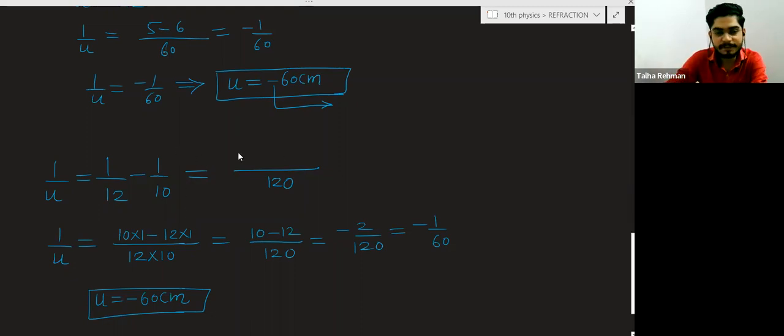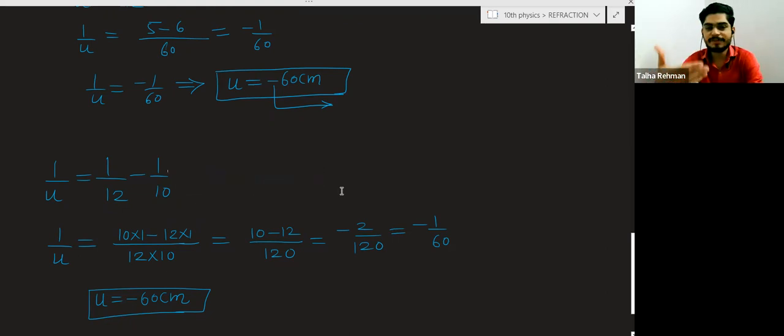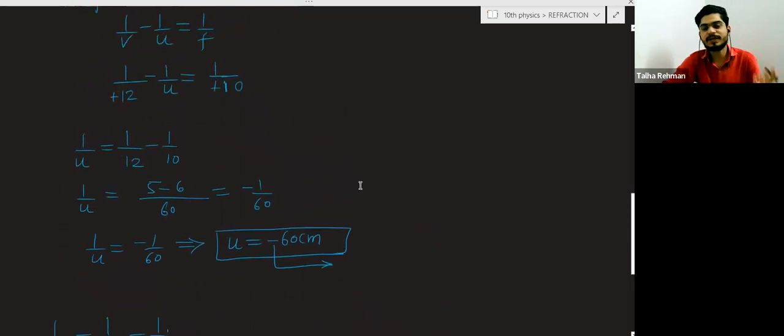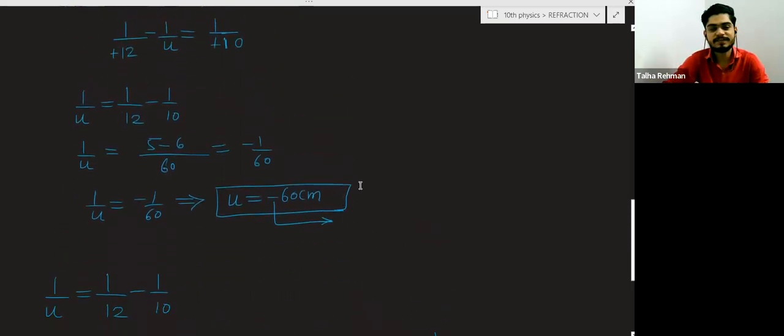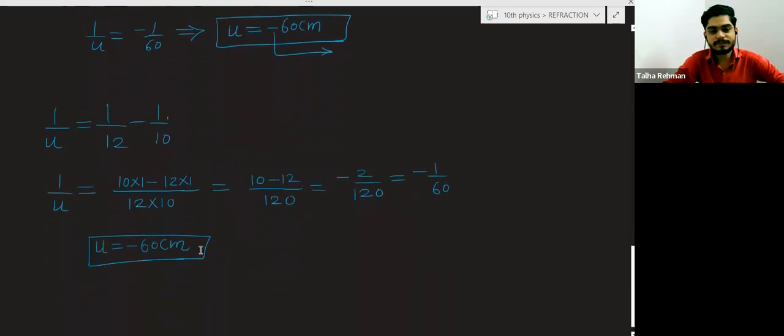So this is just simple mathematics. You can solve it by the cross multiplication method or by the LCM method. I prefer the LCM method because the calculation becomes easy. So that is why I use this. The answer will remain the same.